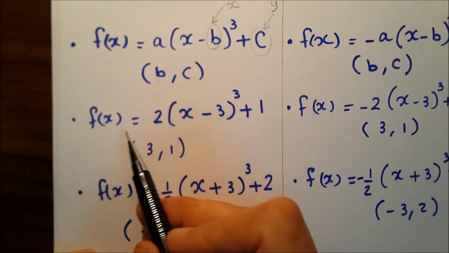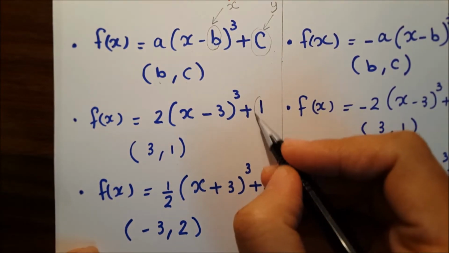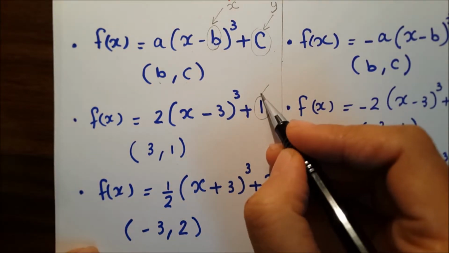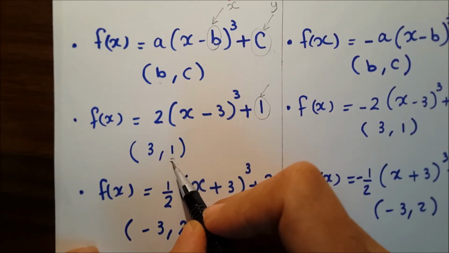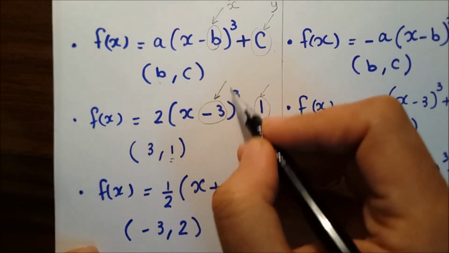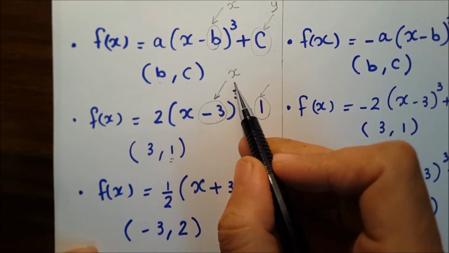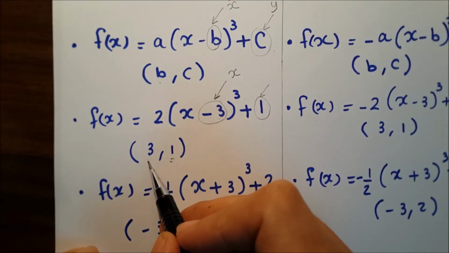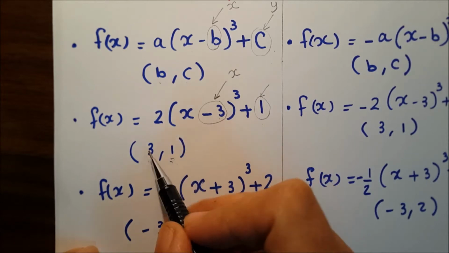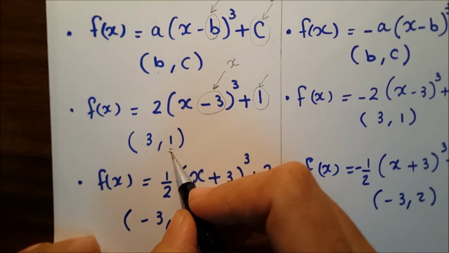For example, if f(x) is equal to 2 times (x minus 3) all to the power 3 plus 1, this is the y value of the new point of symmetry, and keep its sign. So this is the y value, 1. The number inside the bracket is for the x value, or the horizontal translation, but change its sign. So negative 3 will be 3 for x and 1 for y, and this is the coordinates of the new point of symmetry.